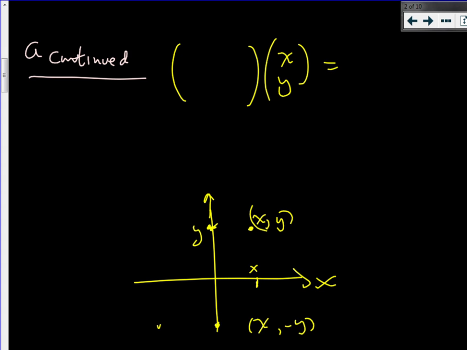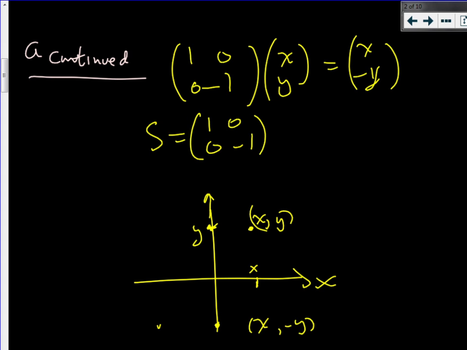So we want to get x, negative y. Well, if I put 1, 0, that gives me the x, and if I put 0, negative 1, okay, so S is equal to 1, 0, 0, negative 1. I did not know the answer to this, nor did I know it last time, but it's easily derivable. That is what S equals.